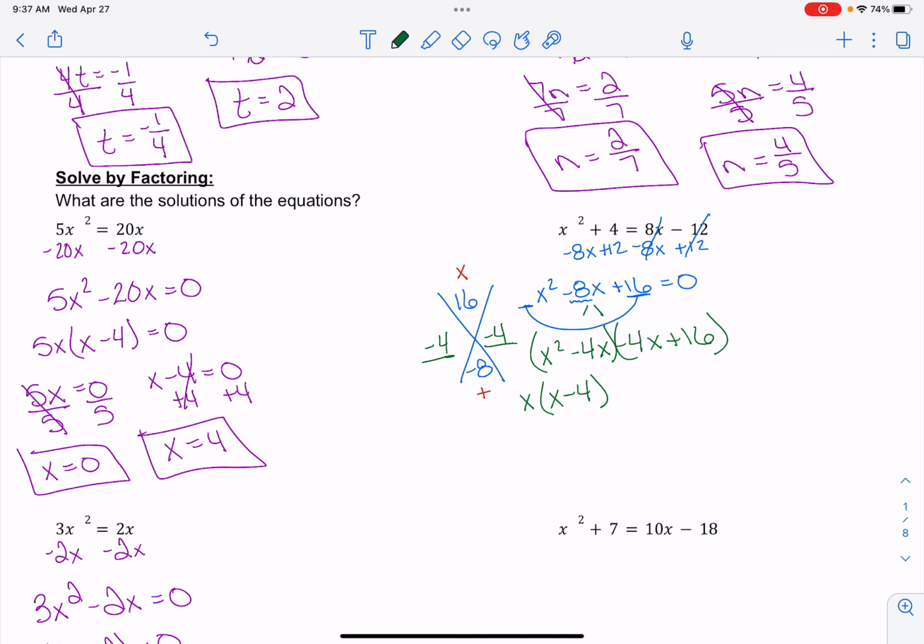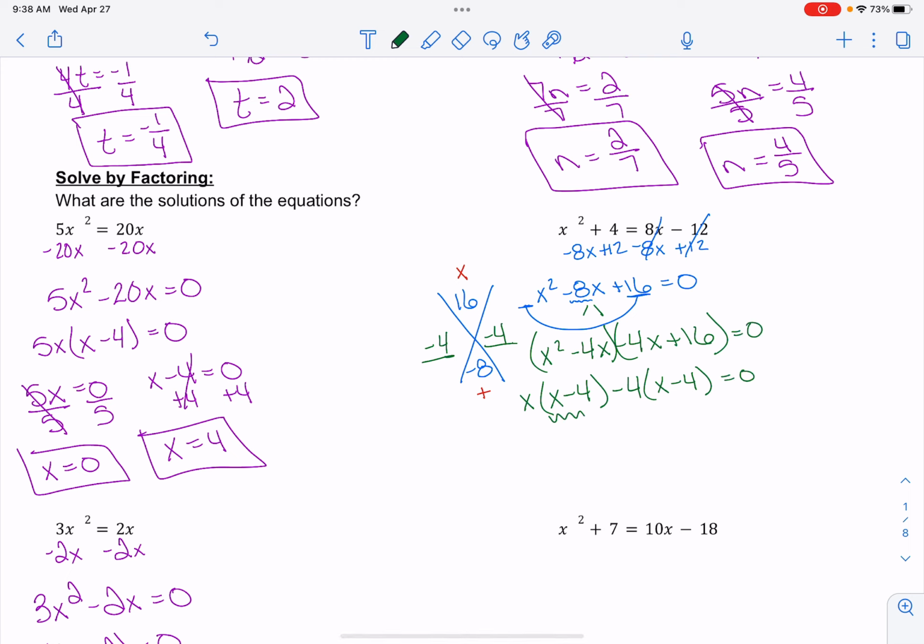In our second parentheses, remember that I had said in the past that that first term has to be positive. So that first term right now is negative, which means that we are going to have to pull out a negative. And then our GCF between 4x and 16 is 4. So then we are left with x minus 4 on the inside.